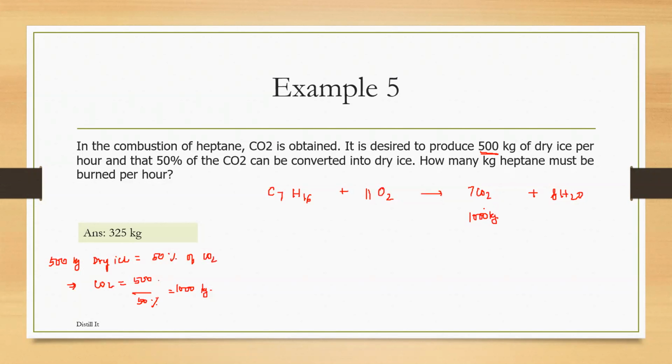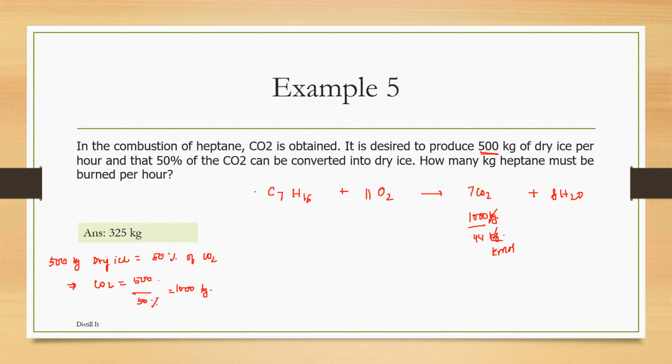All right. So the kilomoles of carbon dioxide are going to be mass upon molecular mass, that is 44, right? So this is the kilomoles of carbon dioxide that are produced. All right.